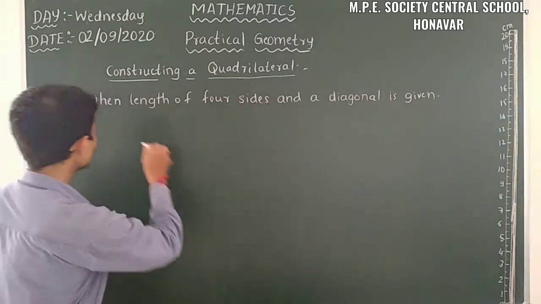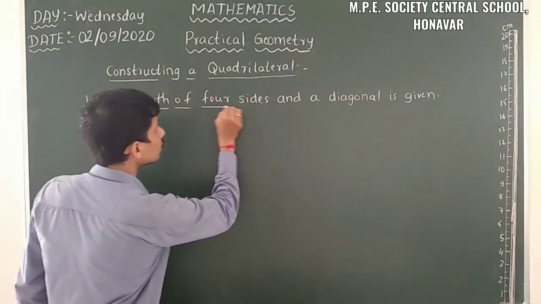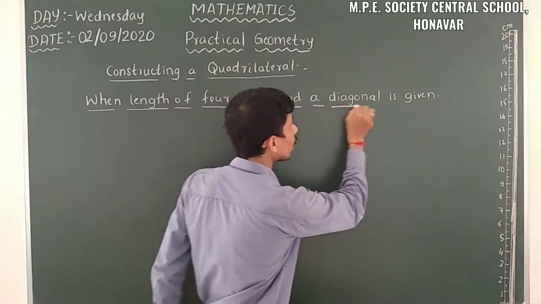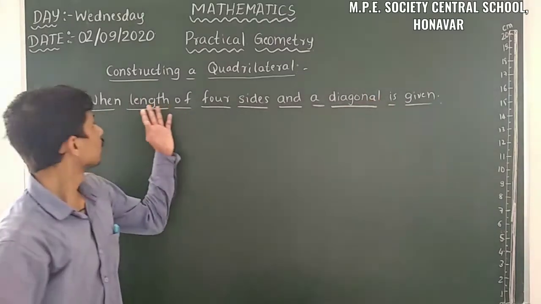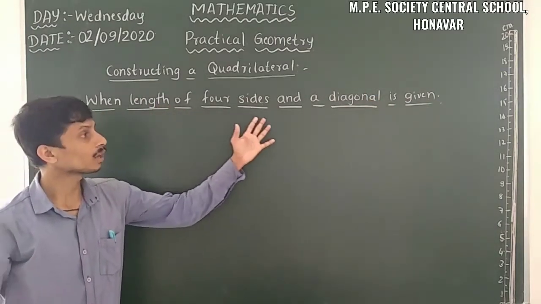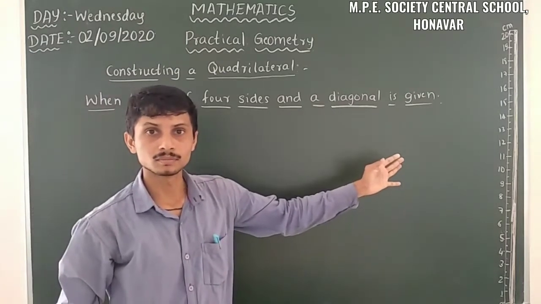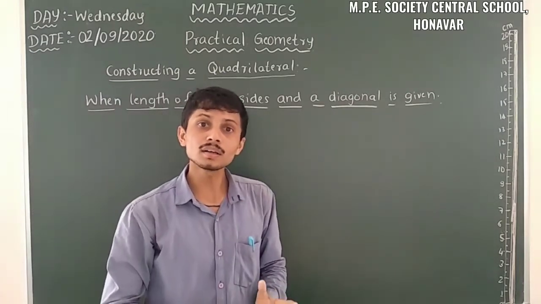So we have to learn how to construct a quadrilateral when the length of four sides and one diagonal is given.